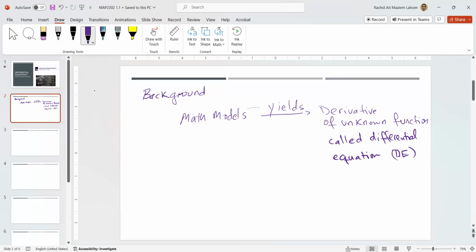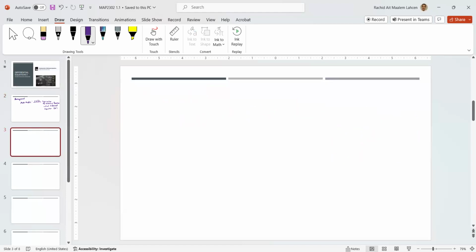So an example that you've seen, and this actually starts early in algebra, let's say an object falling, right? Or a free fall. If an object is released and we have a height, let's call it h, then there is a force. This involves Newton's second law.